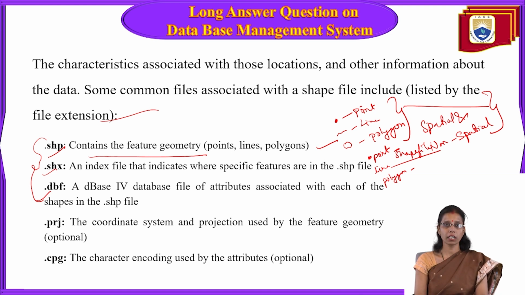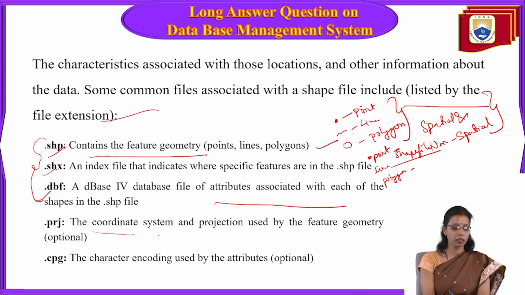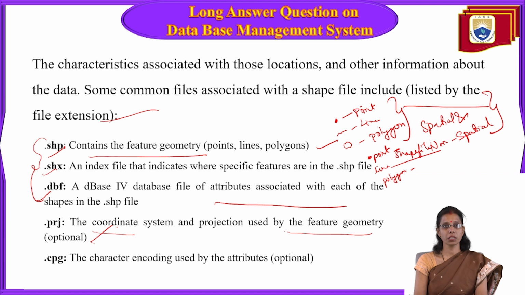.shx contains the index which indicates the specific features in the shapefile, and .dbf is the database file of the attributes associated with each of the shapes in the .shp file. Now .prj is the coordinate system and projection used by the feature geometry. This is optional; whether it is created or not depends on the digitization process.